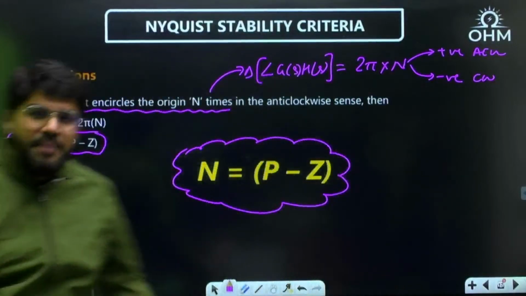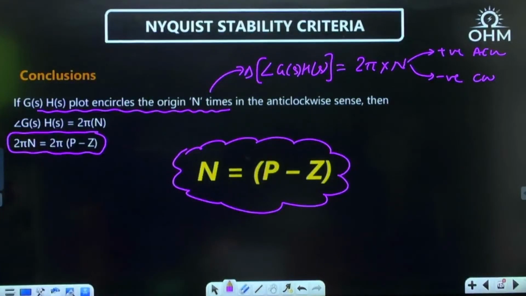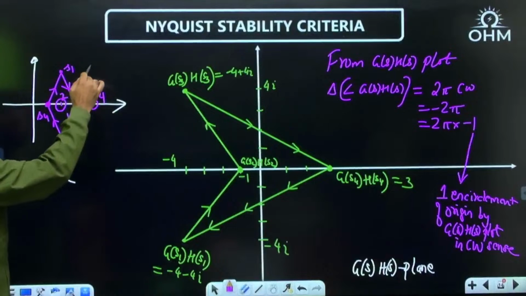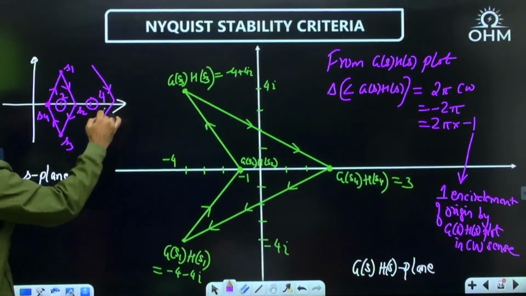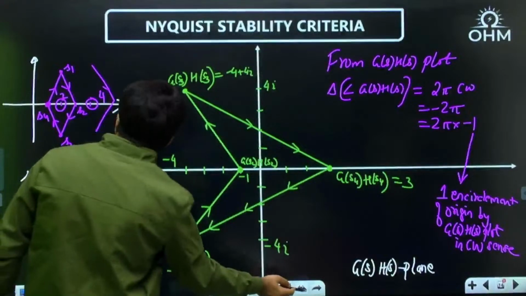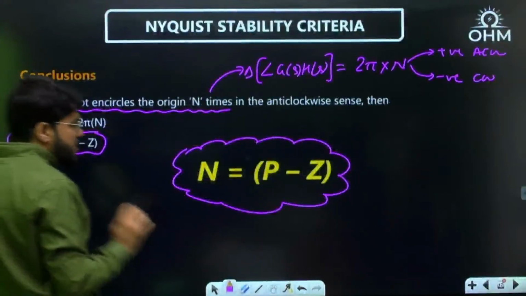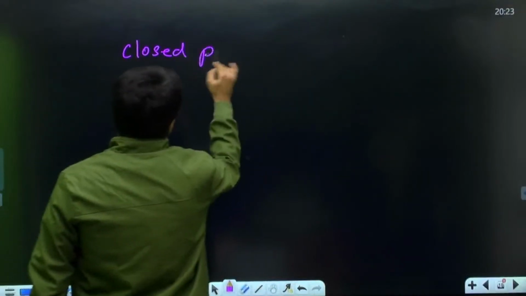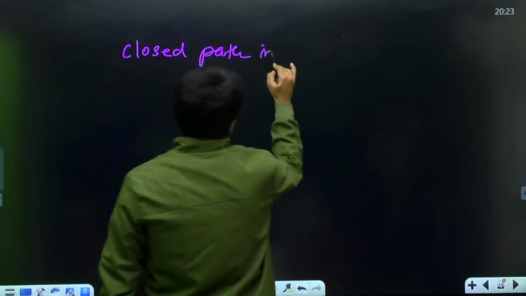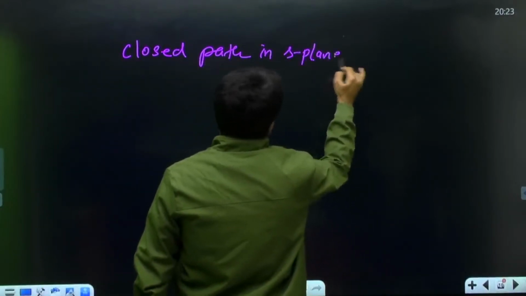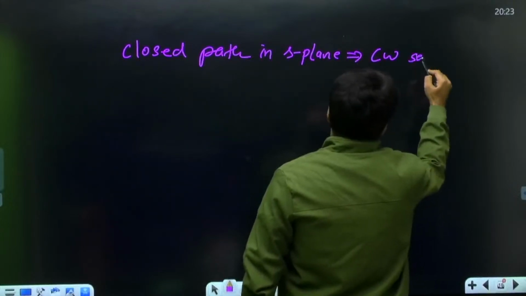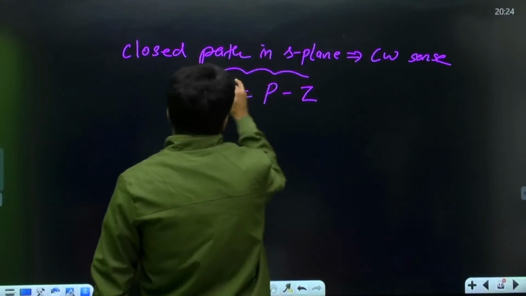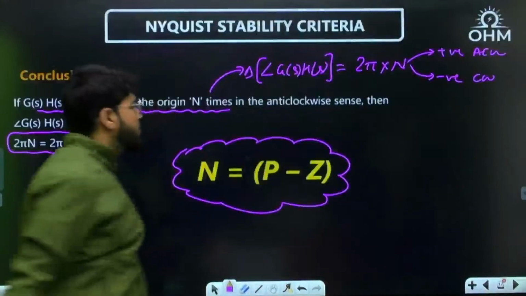But let me mention that in the very beginning, the values of s taken in the closed path are also in the clockwise manner. If you reverse this, the result will reverse. That means I'll write down the conclusion something like this. The closed path in the S-plane was taken in the clockwise sense, and hence we have got the result N equal to p minus z.